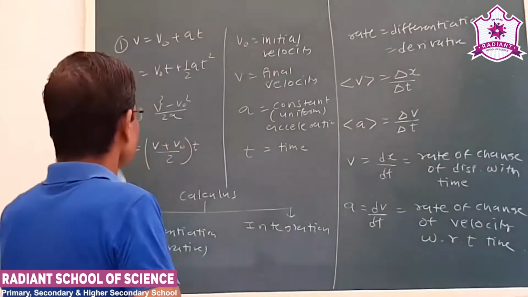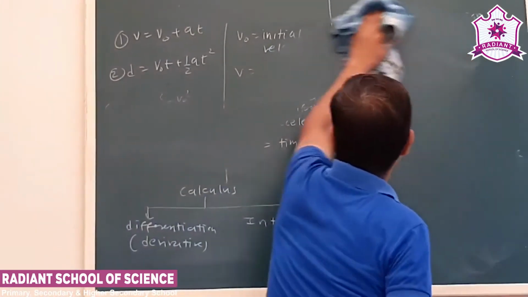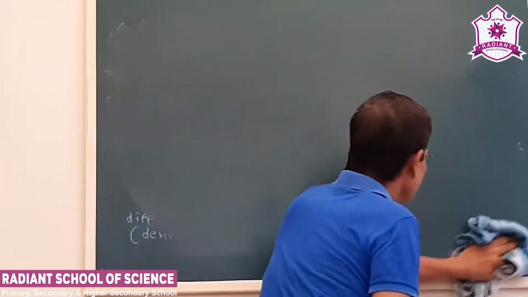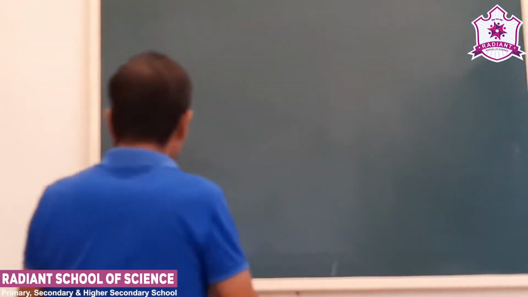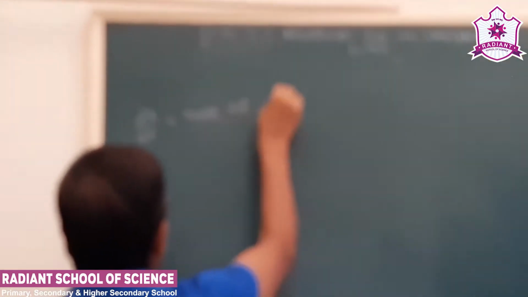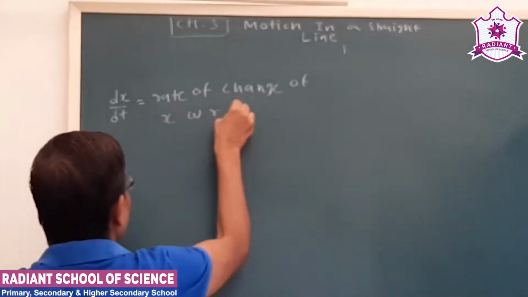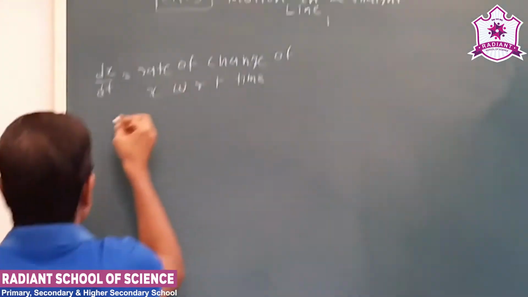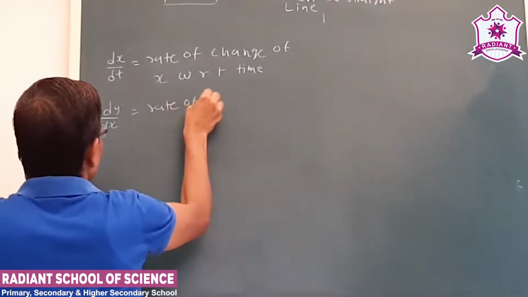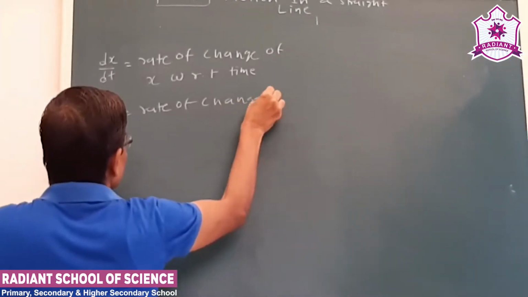Now we take some basic formulas regarding derivatives. Generally we take dx by dt, the rate of x with respect to time. Suppose it is dy by dx, the rate of change of y with respect to x.